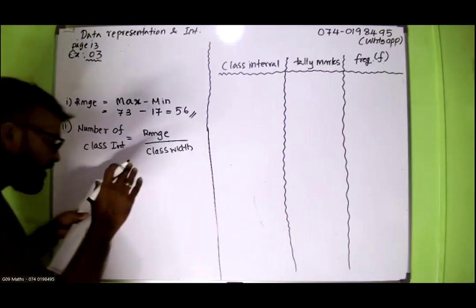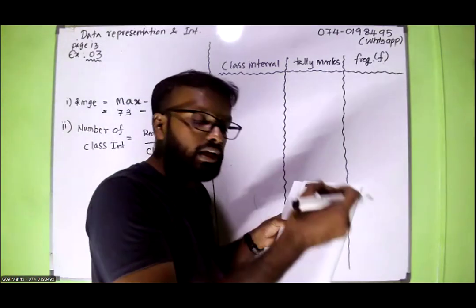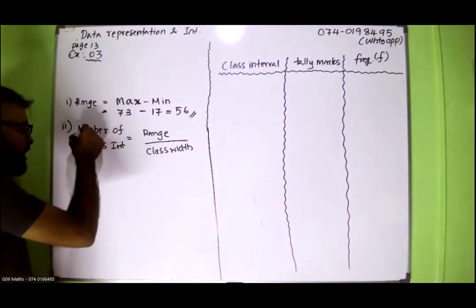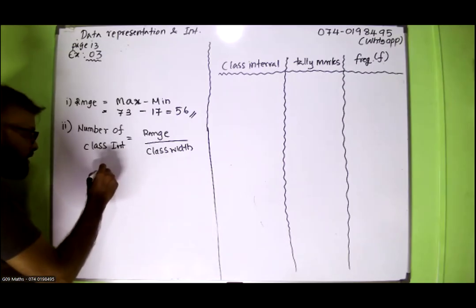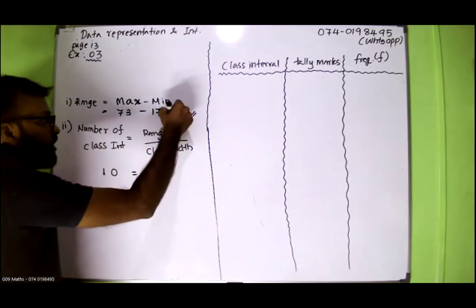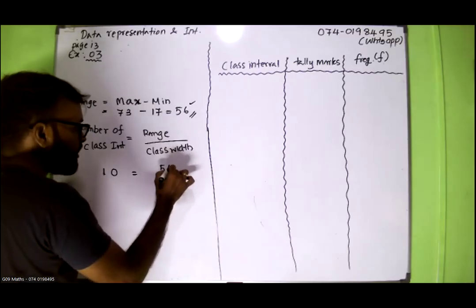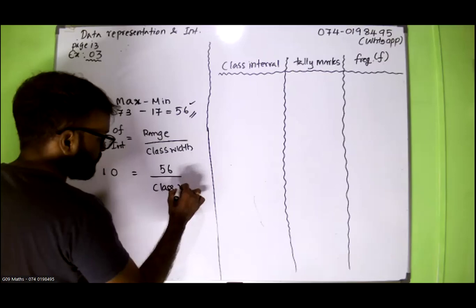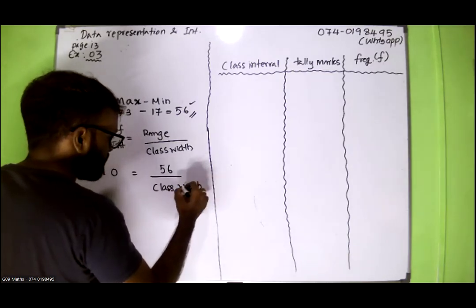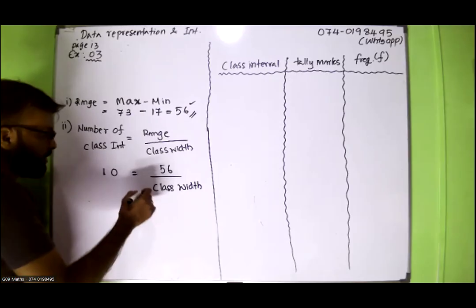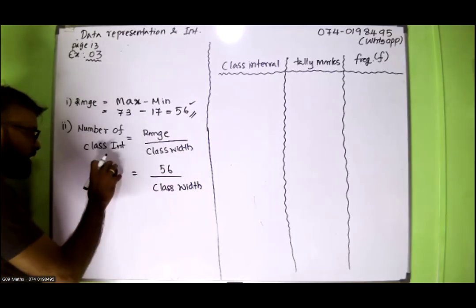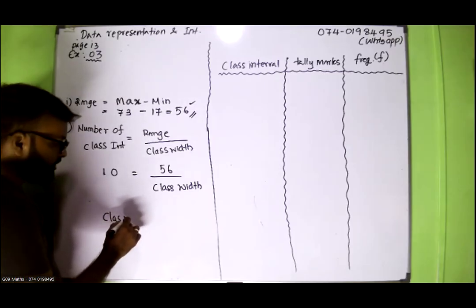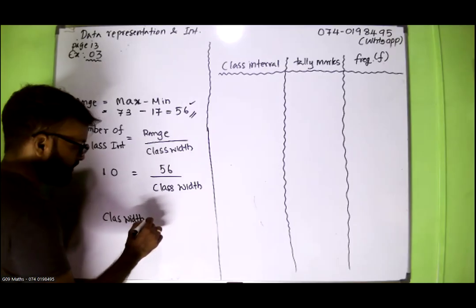Now they have given that the number of class intervals is 10, and you need to find the size. The range we have found is 56, and we have to find the class width. If I do the cross multiplication, I will make class width the subject.